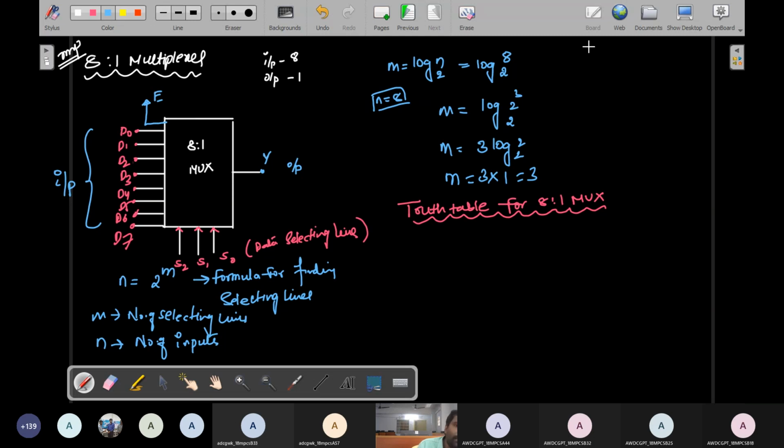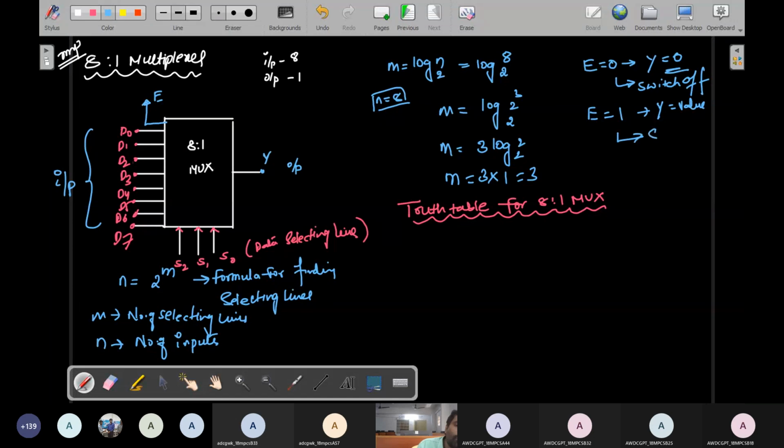If enable is 0, the output always shows 0. That indicates enable 0 is a switch off condition. If enable is 1, then only the output shows some value, any one of the inputs.